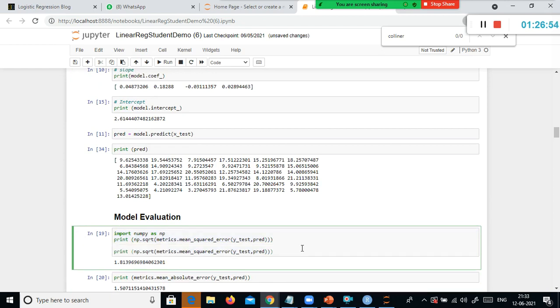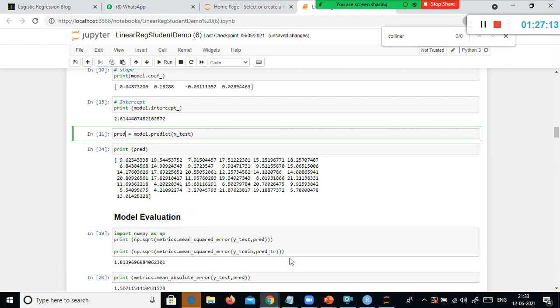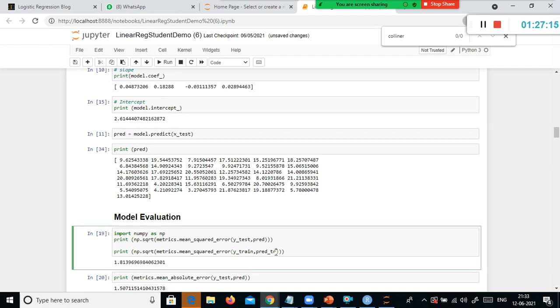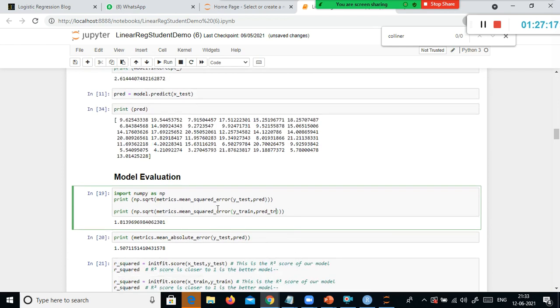Here you put y underscore train, but the predicted value you need to store somewhere else. Let's say I put it as predicted train. So what you do is model dot predict on the same x underscore train. If you do that, you will get the pred 1. You pass that pred underscore tr, right? So you will get the mean squared error for both.